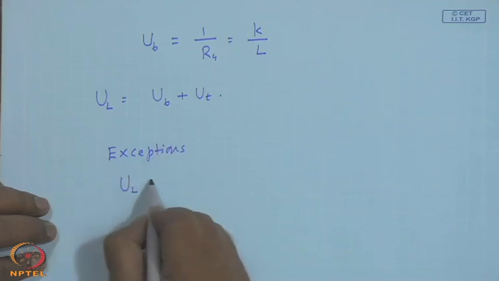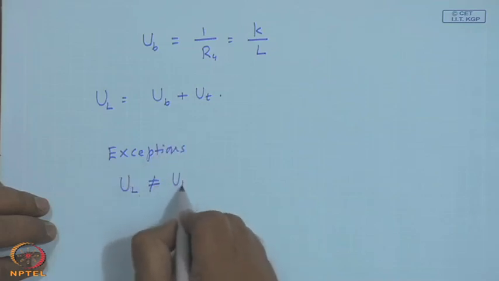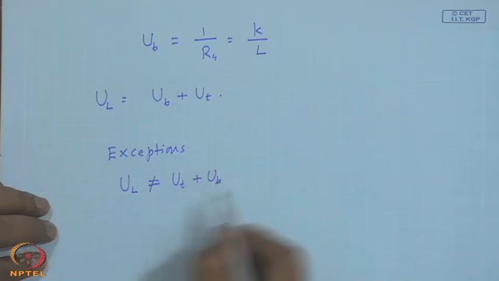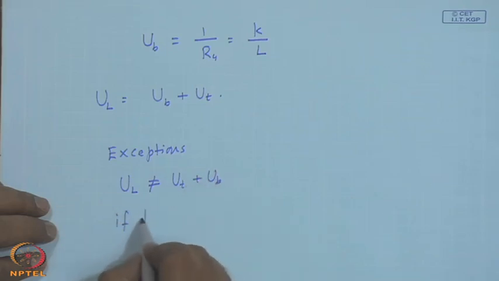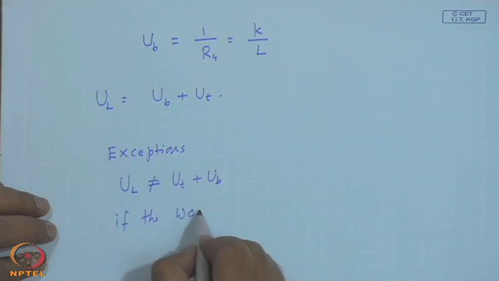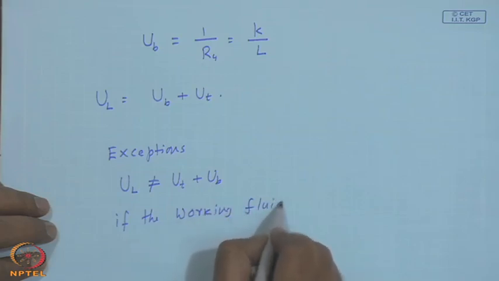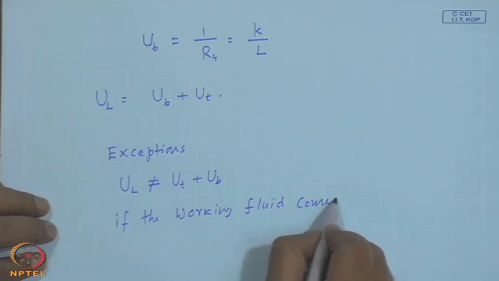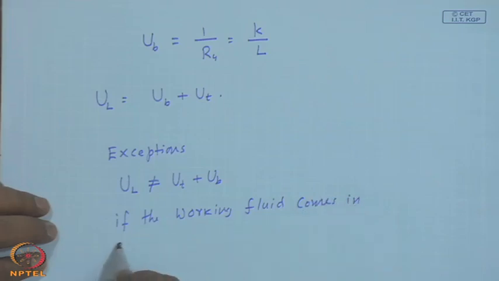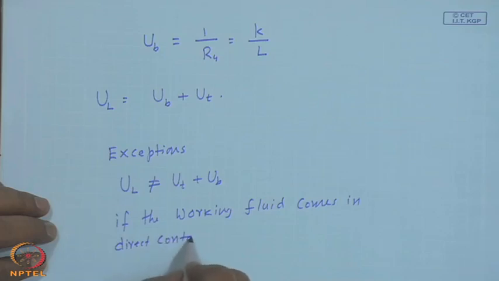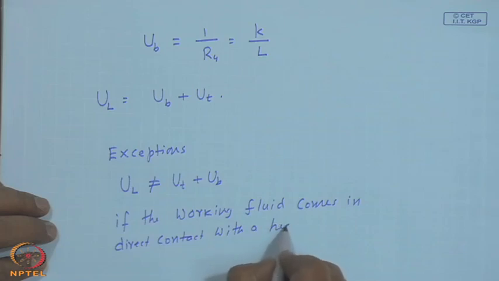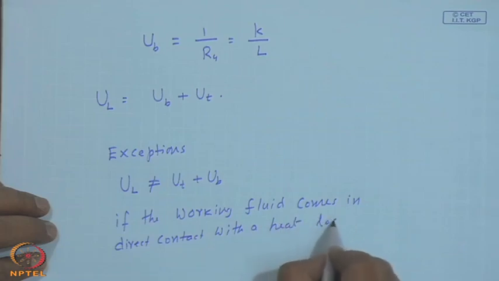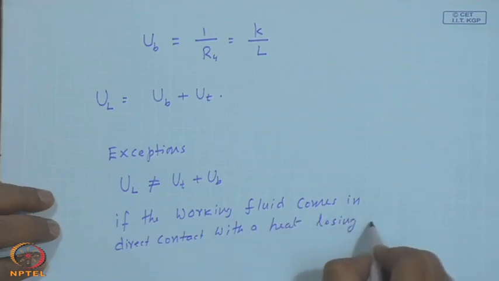UL will not be equal to Ut plus Ub if the working fluid comes in direct contact with a heat losing surface.